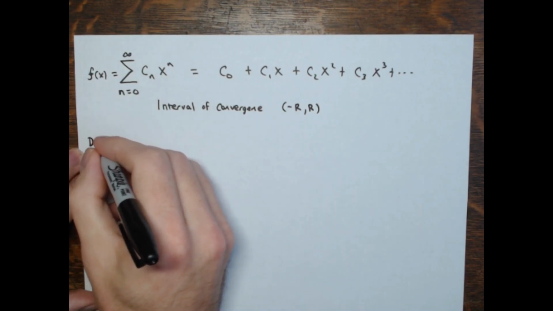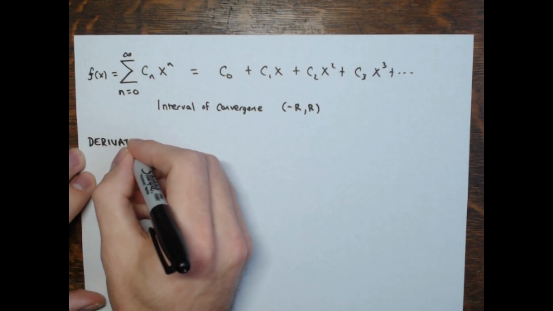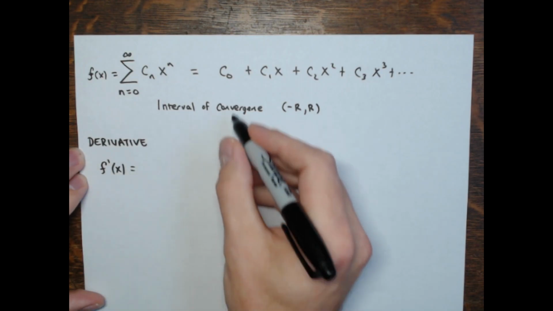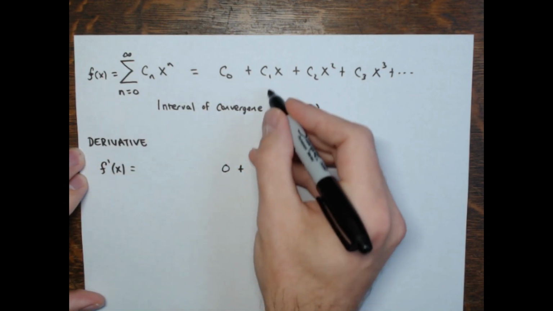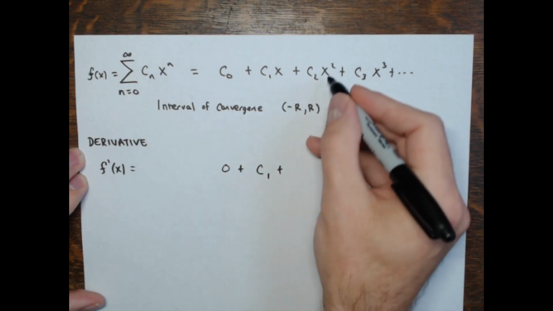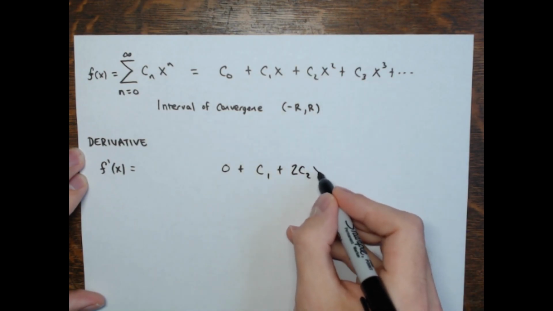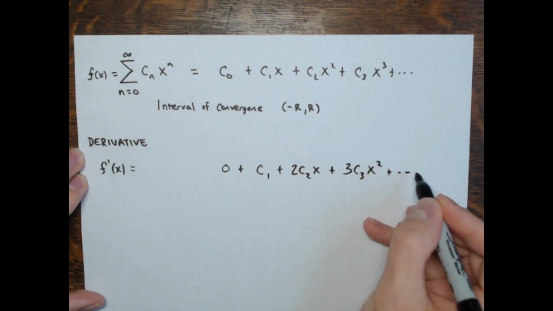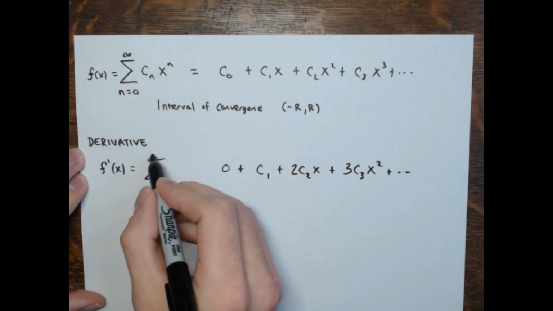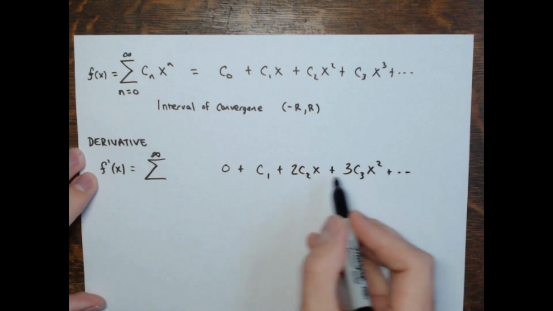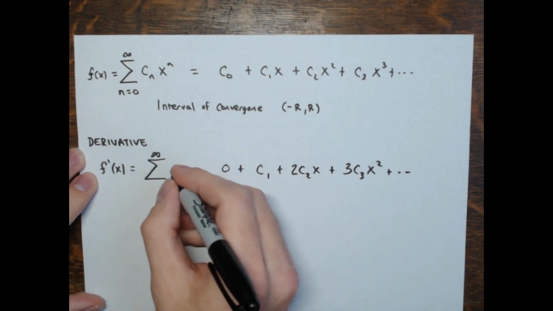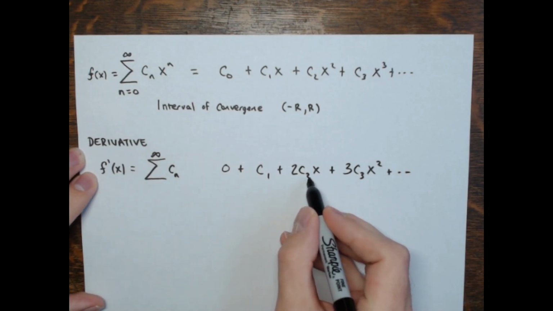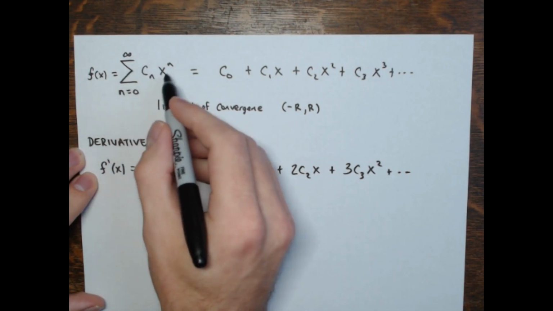Now, when you do the derivative, f prime, remember that would just be nothing, right? 0 plus c1 plus 2c2x plus 3c3x squared, and so on. So we have the sum to infinity of, and every single term here that actually is non-zero looks like this: we're doing your derivative up here, right?